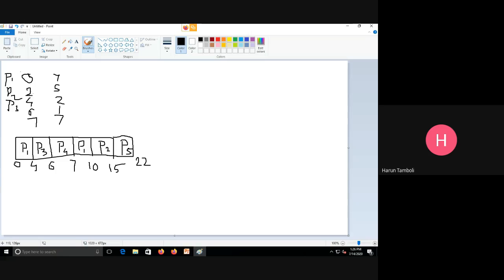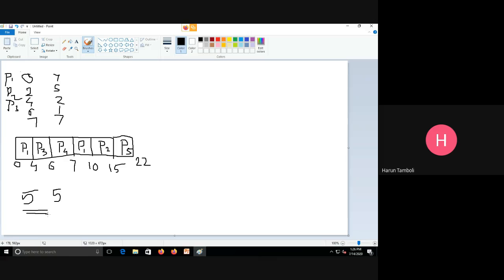P2 arrives after 2 seconds. So after 2 seconds, how much remaining time for P1? 7 minus 2, it is 5. Okay, after 2 seconds, P1 remaining burst time is 5, and similarly P2 also has burst time 5.